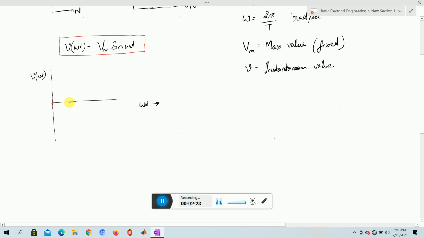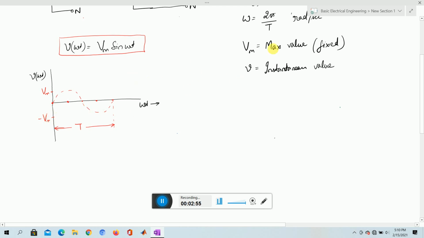To draw a sine waveform, just put dots at equal intervals, and one cycle will represent the total time period, let us say T. The waveform will look like a sine wave, and the peak value is Vm and the lowest peak is minus Vm.